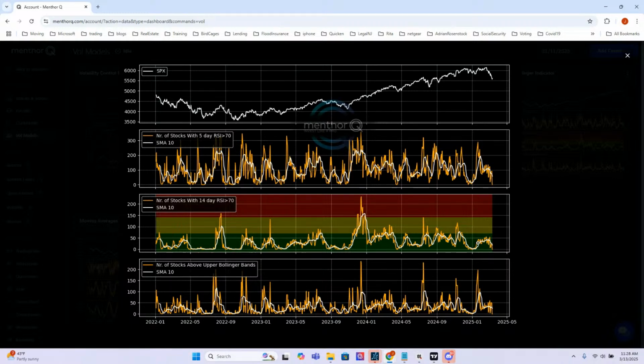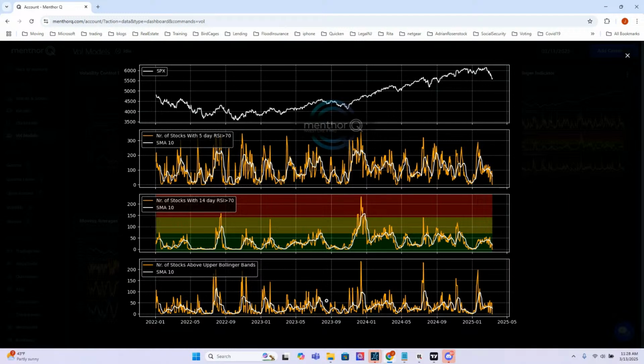Beyond those values, you're either extremely overbought or extremely oversold. He's got a moving average along with it, so you can see the trend of that. So again, another indicator that the market is extremely oversold right now.